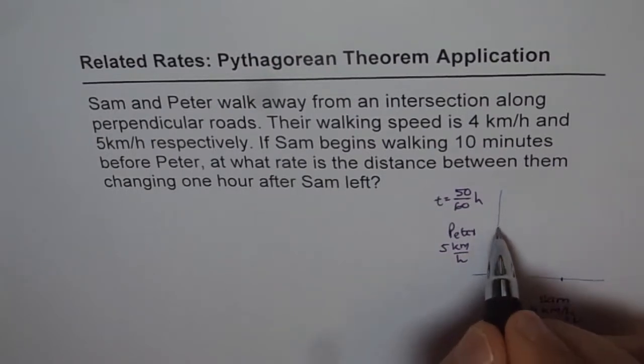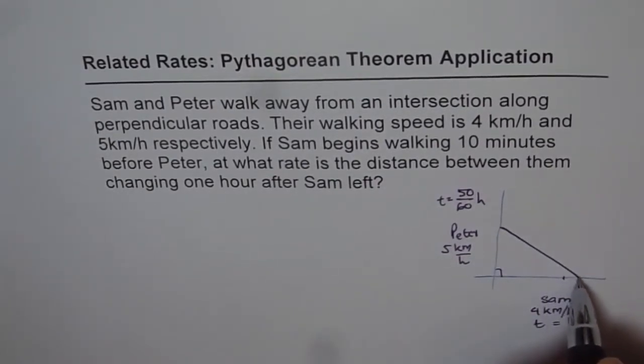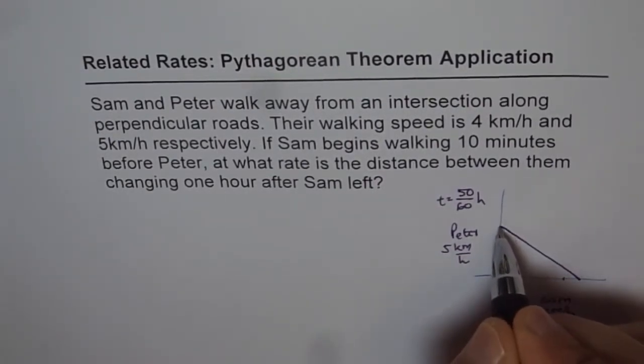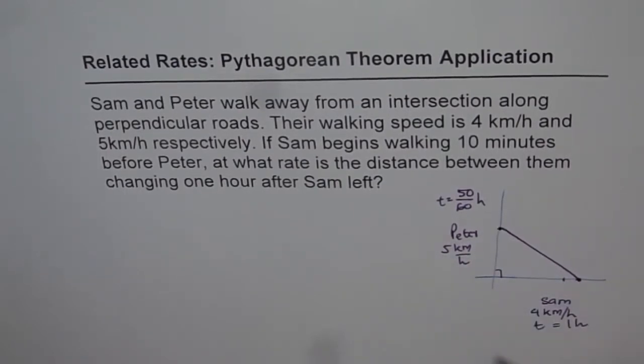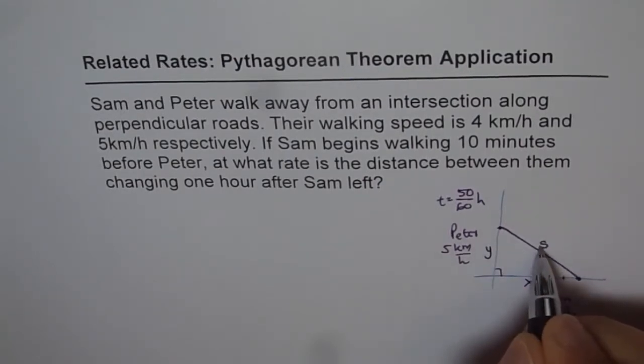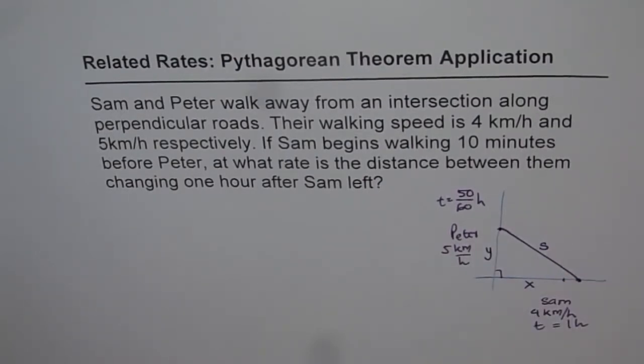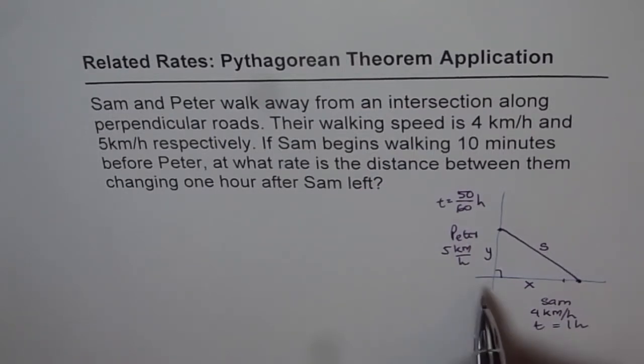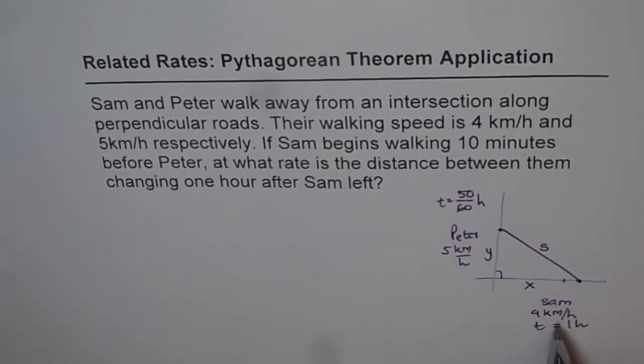So now let's just draw a diagonal here without really bothering from where to where, right? This is what it is. Now at any instance of time, let's say this is x, this is y, and this time we'll take this as s. We'll not take d, because we'll avoid dd. Now let's write down what is given to us.